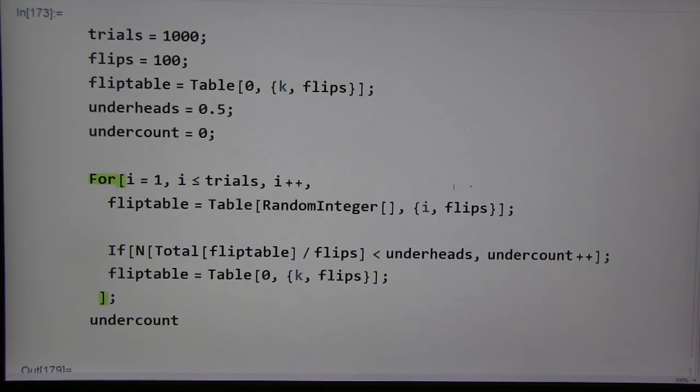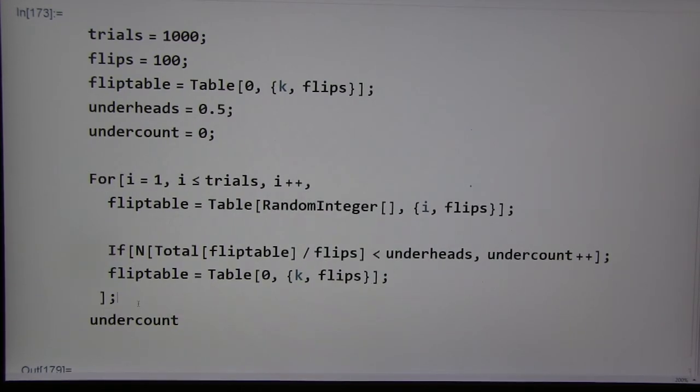This for loop is just doing the trials. Flip table is set to, in this case, 100 random integers. And if the total of flip table divided by the number of flips is less than our underheads percentage, or decimal, undercount increases. We reset flip table and we just print undercount at the end.